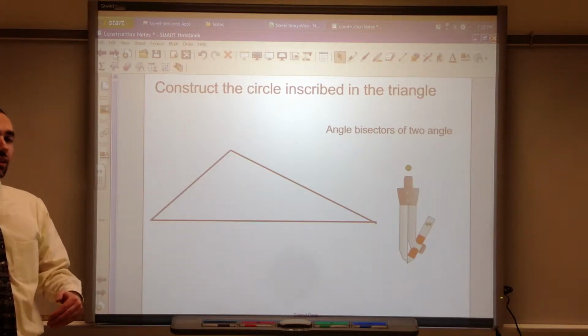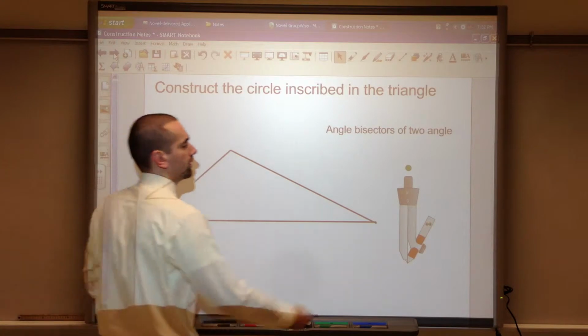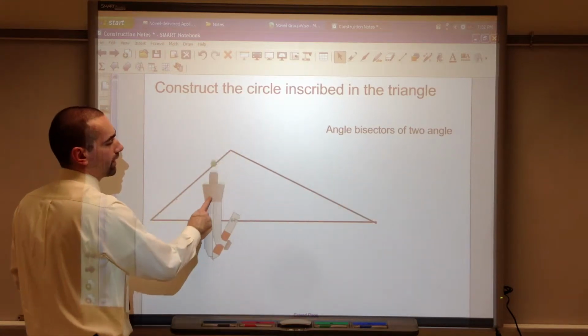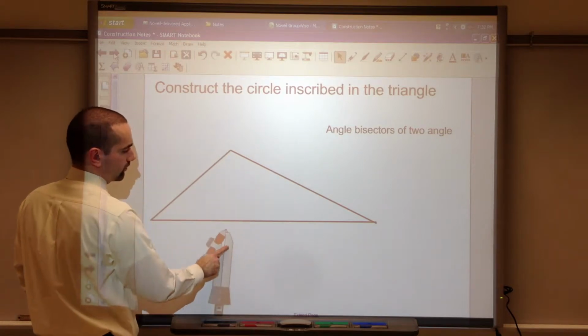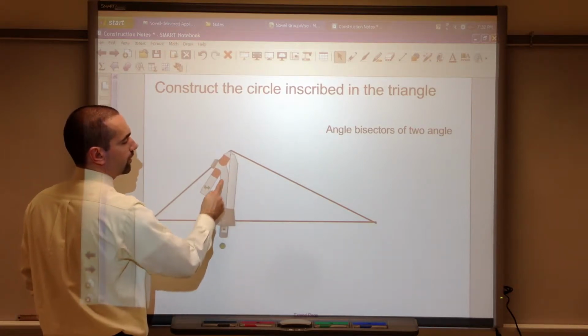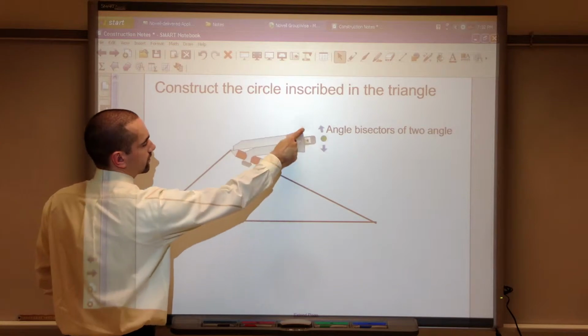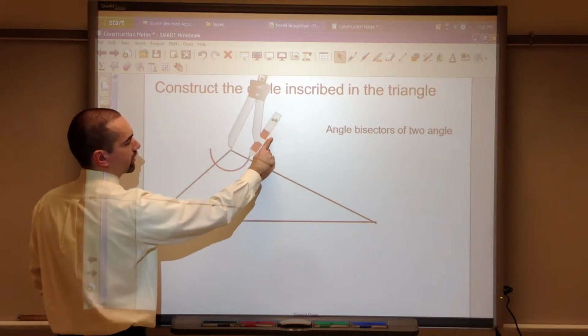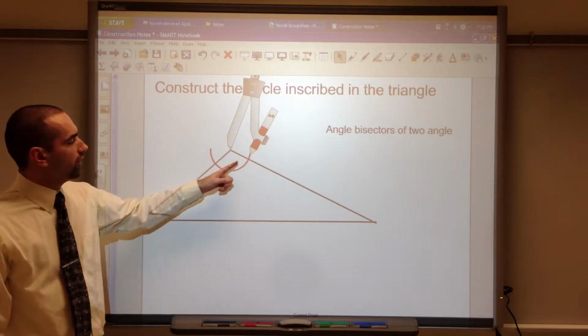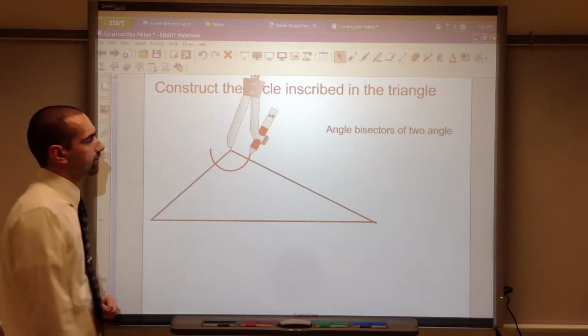Remember, an angle bisector cuts an angle in half. So I'm going to pick the top angle. So I put it at the center, and make an arc. Notice how my arc intercepts the angle twice.